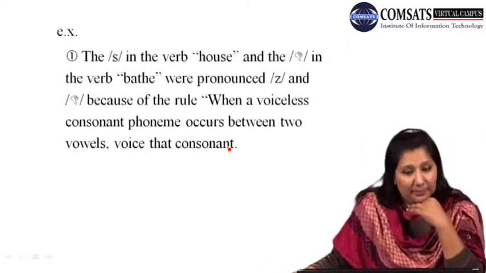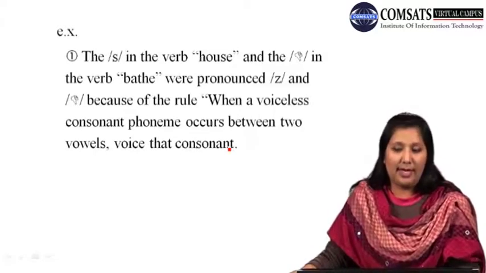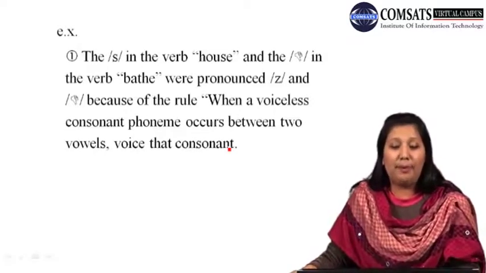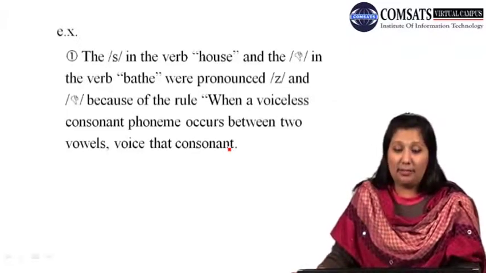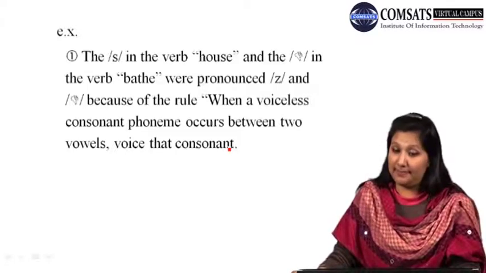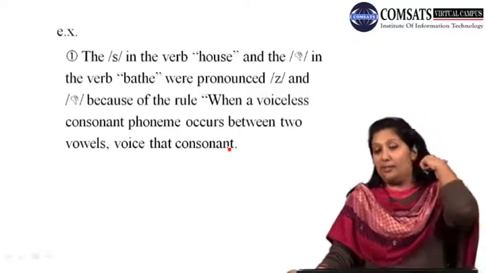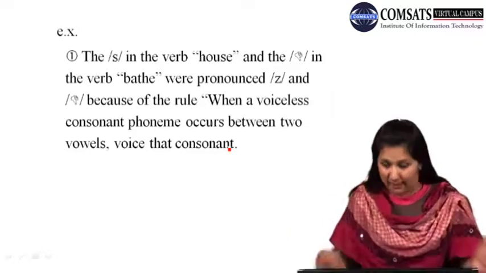Look at the example. The s in the verb house and the th in the verb bathe are pronounced as z, because of the rule: when a voiceless consonant phoneme occurs between two vowels, voice that consonant. Look at the rule and look at the example once again.